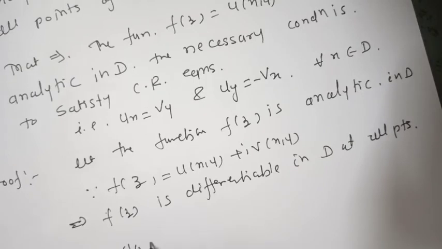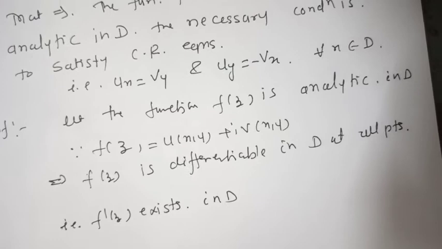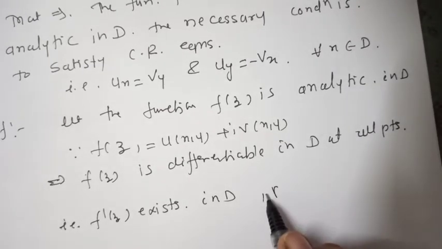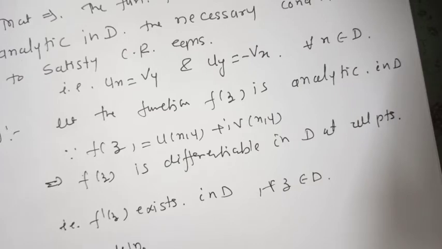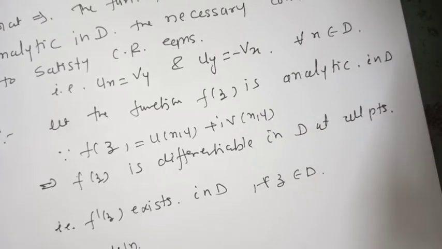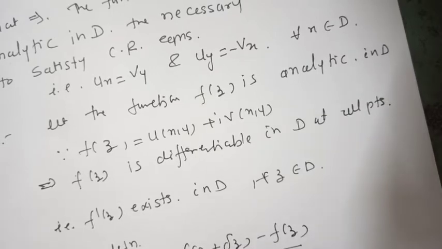f dash z exists in D, that is f dash z exists in D for all z belongs to D. Therefore, by definition, f dash z is limit as delta z tends to 0 of f of z plus delta z minus f of z upon delta z.